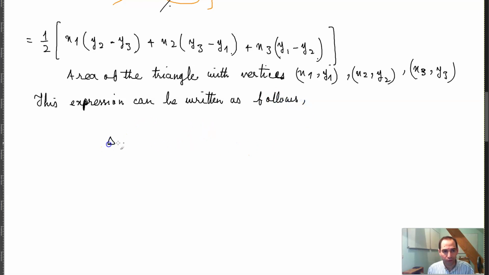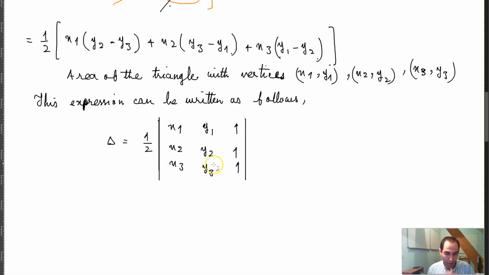So you can write this as delta is equal to 1/2 times the determinant with rows x1, x2 and x3, y1, y2 and y3, and 1, 1, 1. Now it seems that it actually works no matter how you expand this.